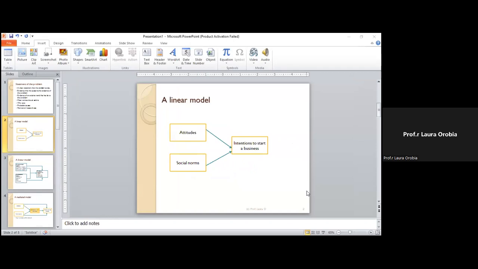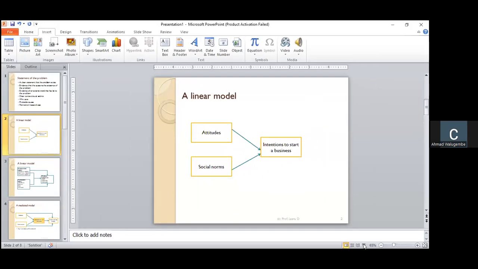Just a minute. Is there anything that you can see? Yes, Prof, we can see the linear model. Are you seeing one conceptual framework or many?